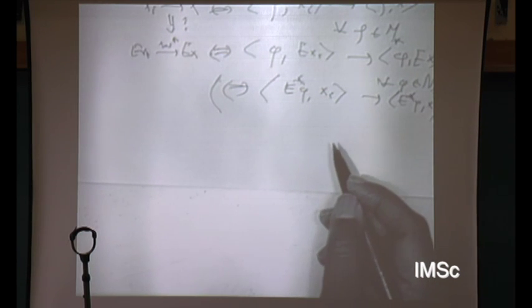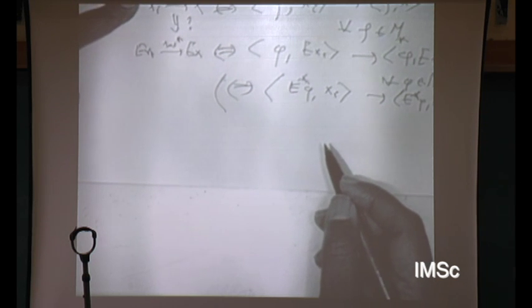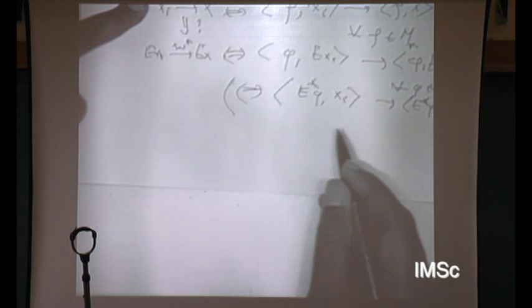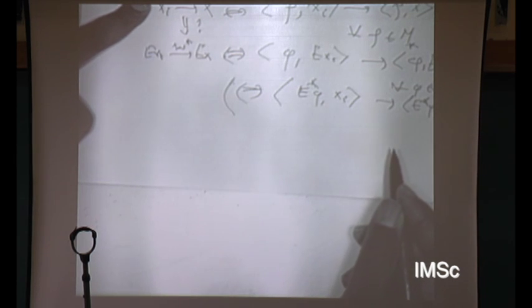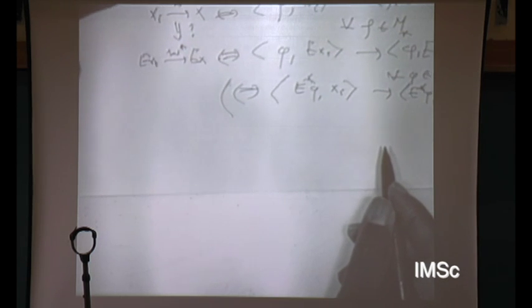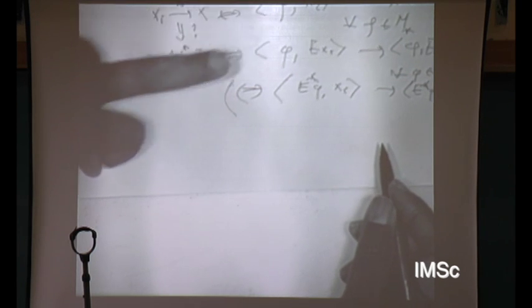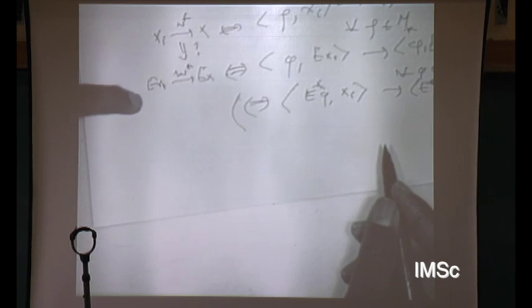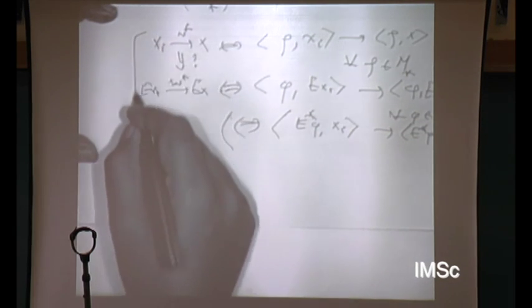That means whenever Xi converges to X weak star, E star phi of Xi must converge to E star phi of X. So, that is exactly the statement that E star of phi belongs to M lower star. Whenever you have such convergence, you have this convergence.